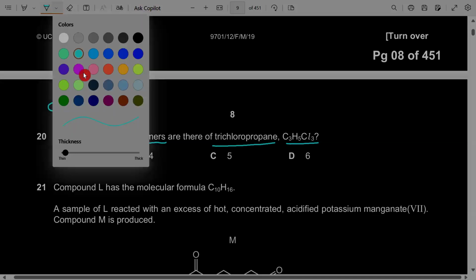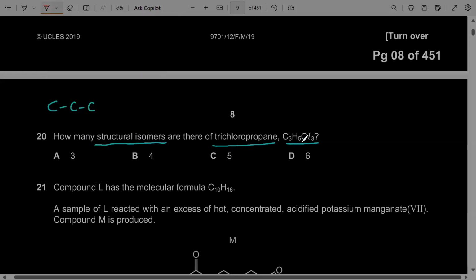Now on these 3 carbon atoms, I just need to identify the position of the chlorine, because 3 chlorine atoms are there and they are the only thing which we have to differentiate. So chlorine over here, chlorine over here, and chlorine over here. So this is one isomer, and you can also find the number of hydrogen atoms which will represent this molecular formula.